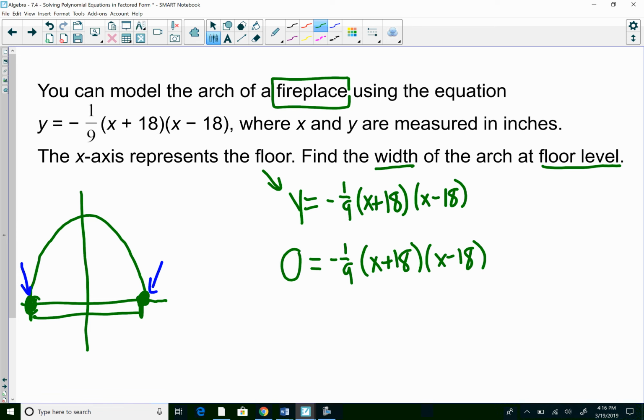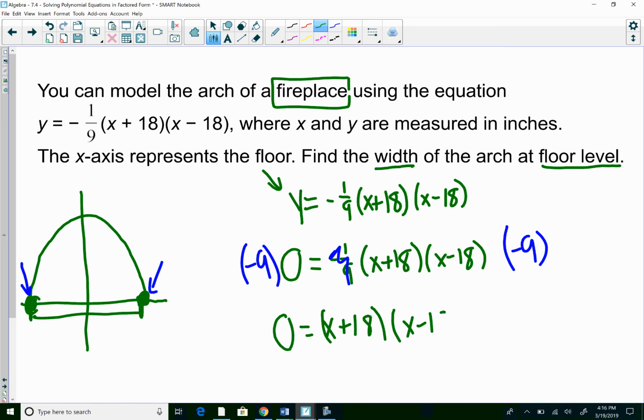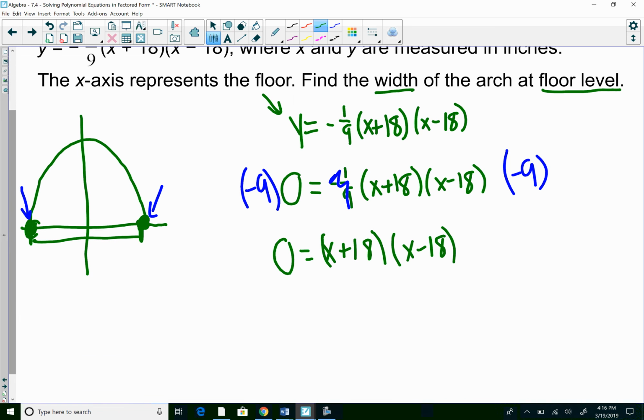But right now I don't fully have it in factored form. Those two binomials are not all by themselves. So I'm going to start by multiplying both sides by -9 just so that I can get rid of this fraction. Then I'm going to have x plus 18 and x minus 18 equal to 0. Then I'm going to be able to set each of these equal to 0.